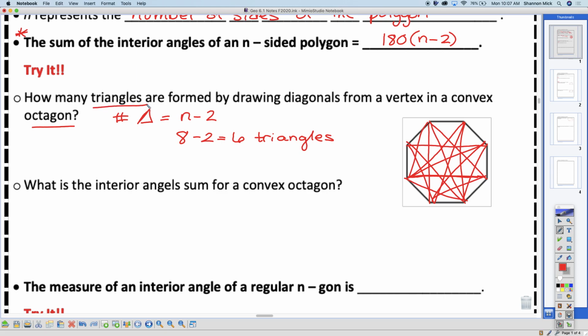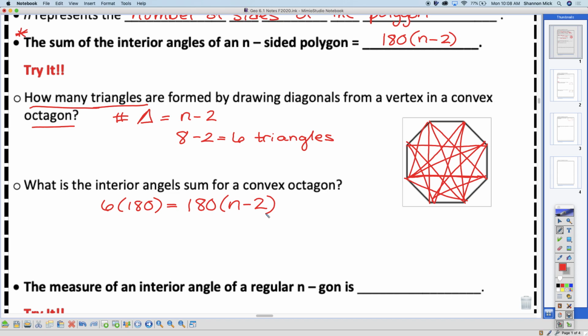And then now they want to know what's the interior angle sum of the convex octagon. Well, I know there's 6 triangles, yes? And how many degrees are in every triangle? 180. So 6 times 180, or using the formula 180 times n minus 2.